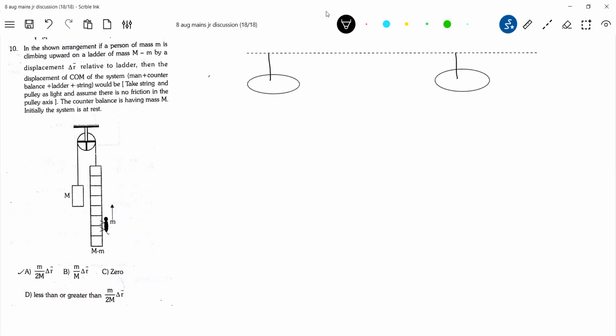There's a pulley. So here on, there's a reference point. So on one side, we have a person. This is a load, and we have a ladder here.